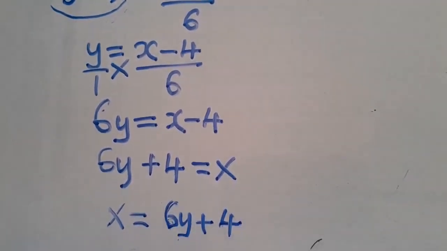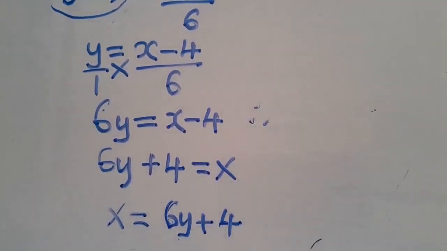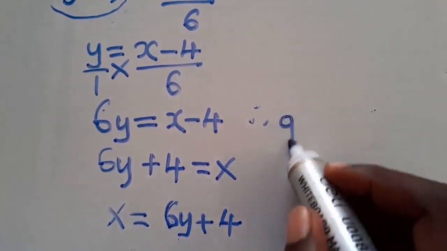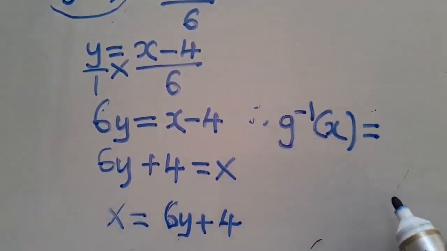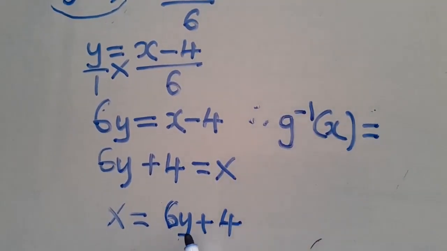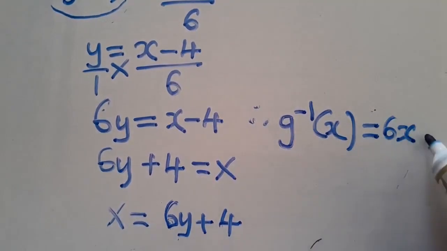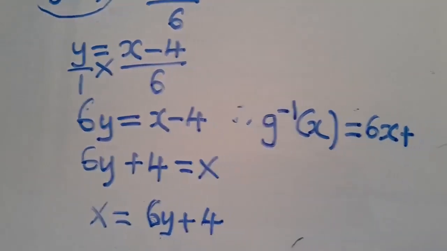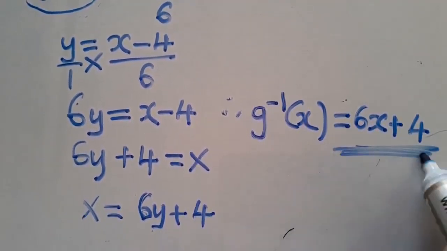That is it. After you reach here, you just conclude. Therefore, g inverse of x is, where there is y, you put x. So you say 6x plus 4. This is your answer.